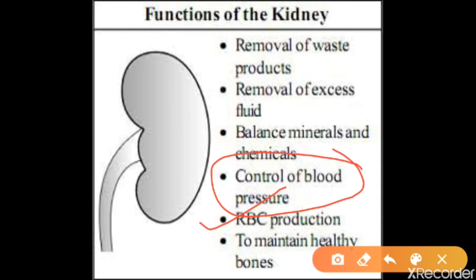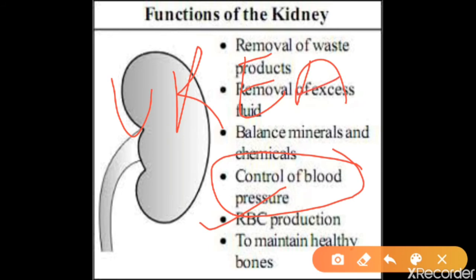Mainly the kidney removes the toxic waste produced in the body, which is urea, and it cleans the blood. Here removal of excess fluid is not written, but we can also say it balances the water level.